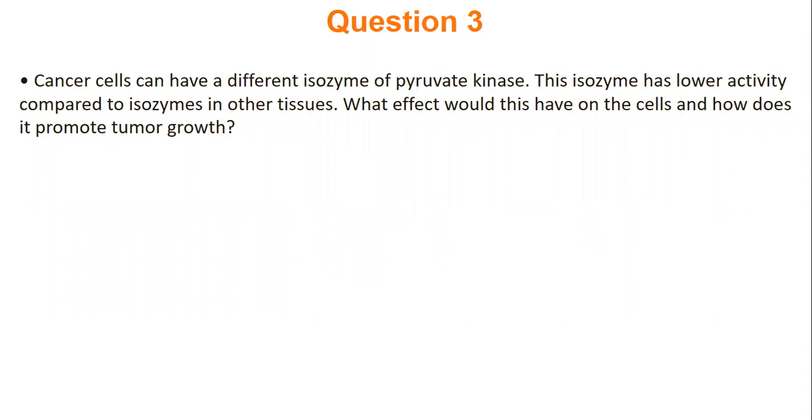Well, I'm trying to formulate my answer in the best way possible. You are correct in that we are more or less not inhibiting, but slowing down pyruvate kinase. That's what lower activity means. The flux is slowed down.